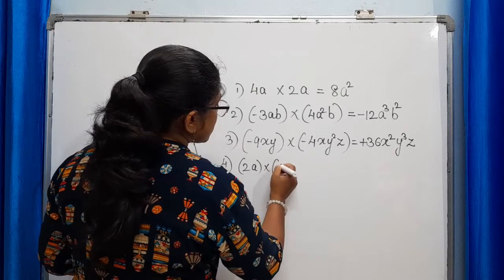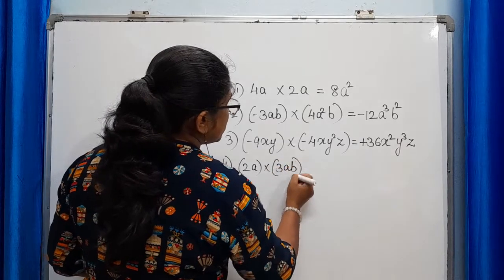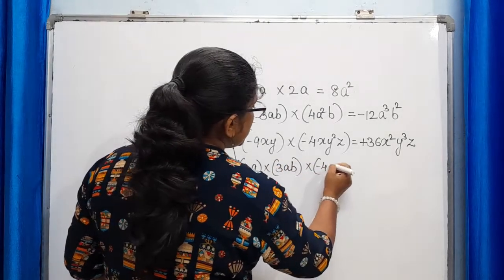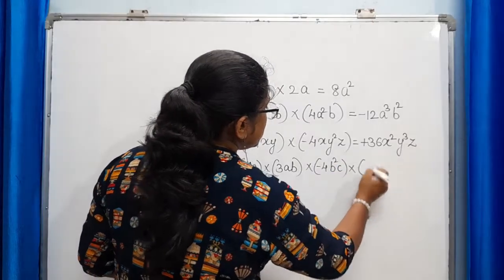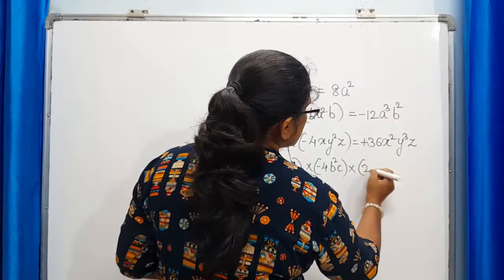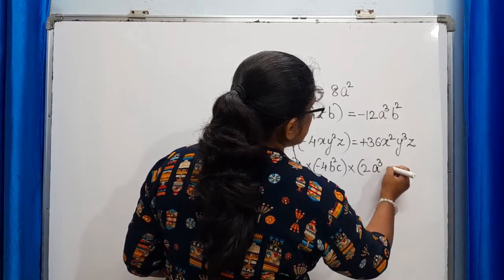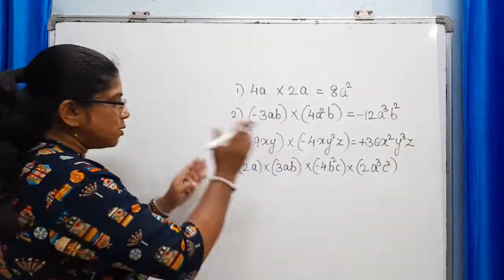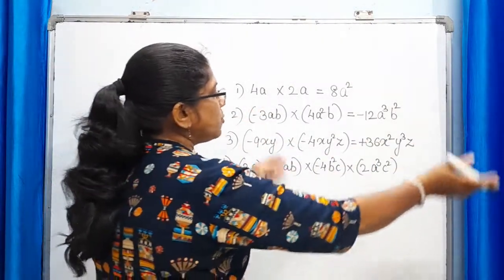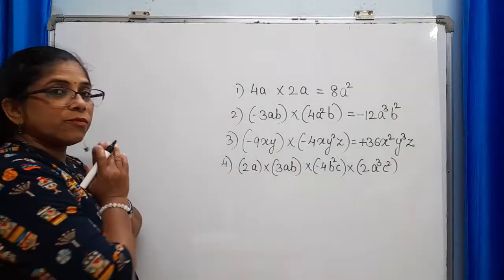2a into 3ab into minus 4b square c into 2a cube c square. Now here I have taken 4 terms. Monomial into monomial into monomial into monomial. Okay, what is our first rule?